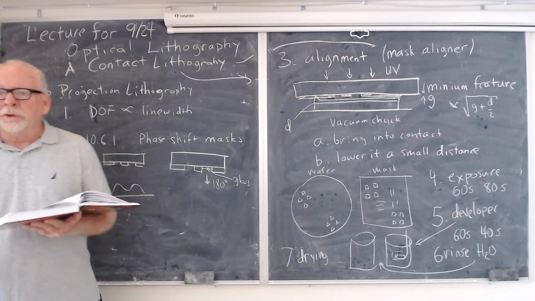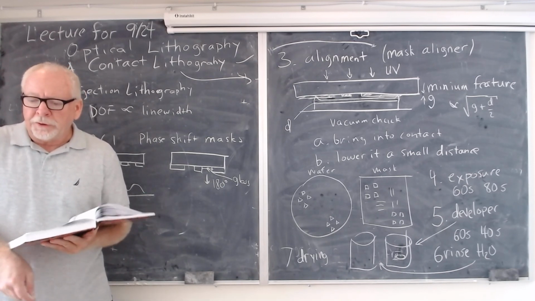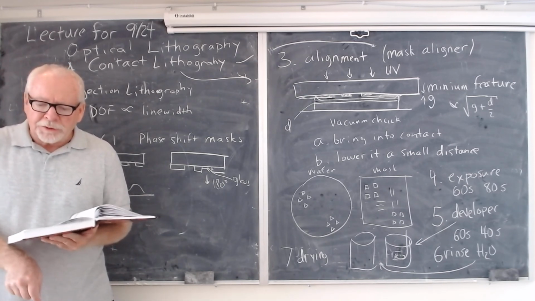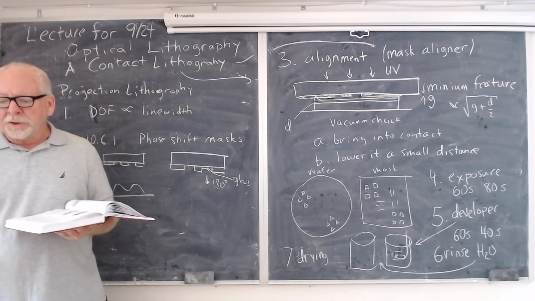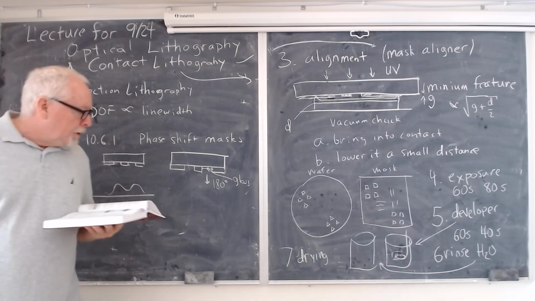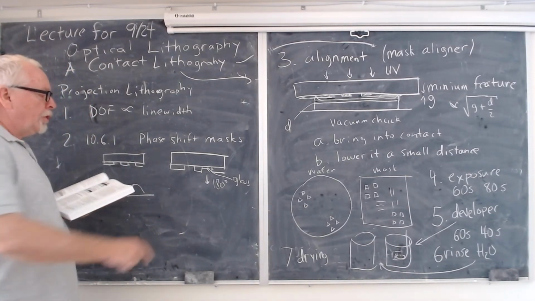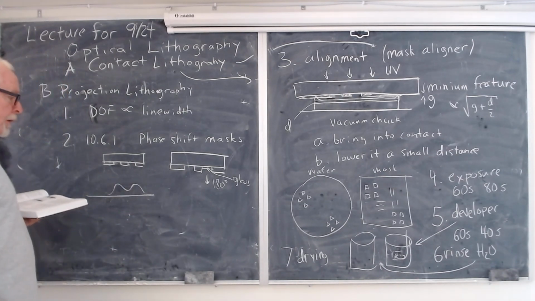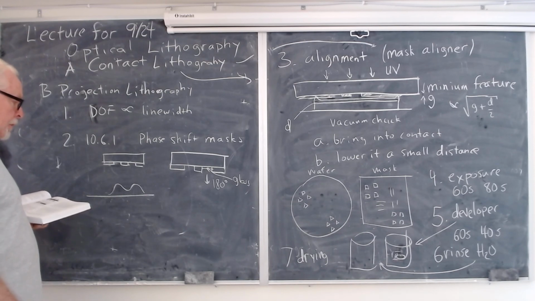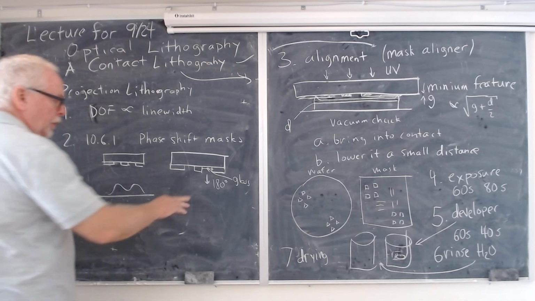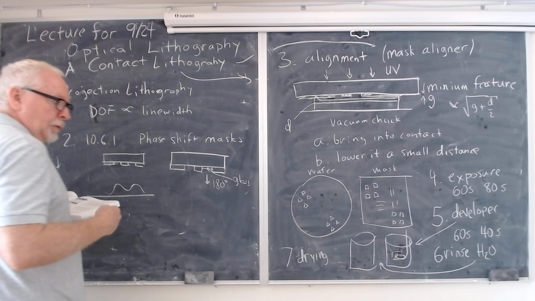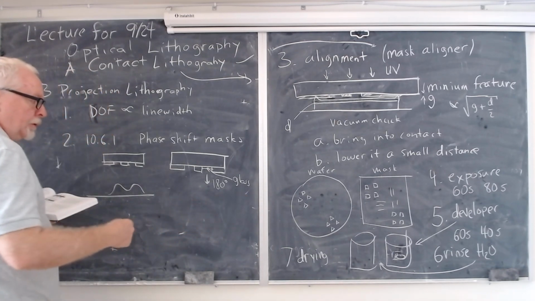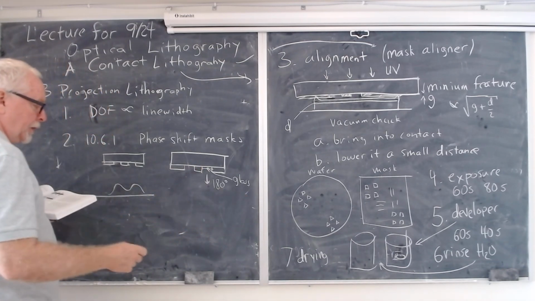Now, it's like the projection system. How much optics do you already know and how much can I teach you in a few minutes? Everyone knows that light is a wave. And so everyone knows that you can cause a delay in the light, and you do that by introducing a dielectric there.